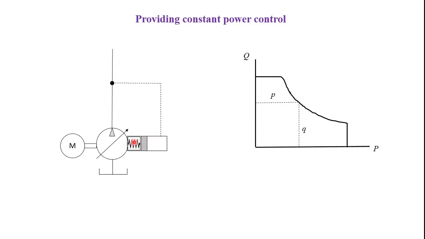Thus, if the pressure increases, the flow rate reduces, and therefore the power remains constant. As shown in this figure, for a certain value of pressure, the flow rate is adjusted automatically by a variable displacement pump in order to maintain a constant power.